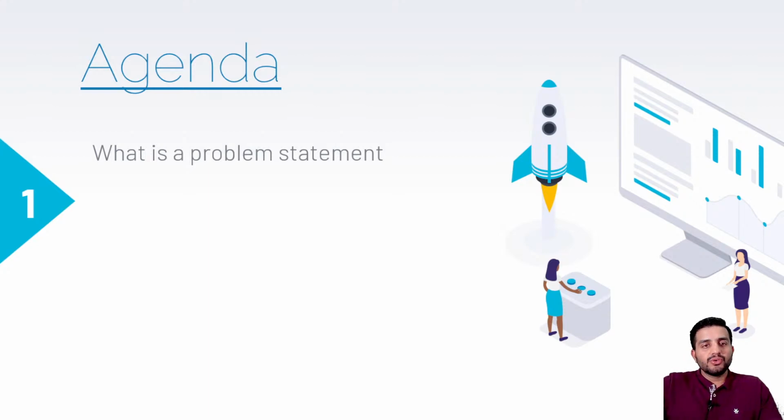So respective to the particular industry, a problem statement changes. I hope everybody will agree with me on this, right? A problem statement is very specific to an industry. That is something we have to always keep in mind.